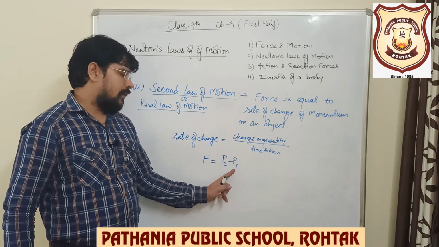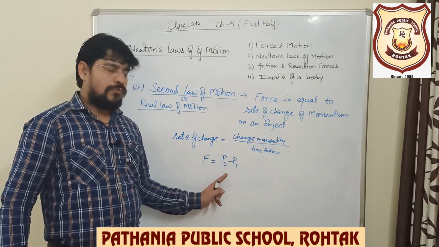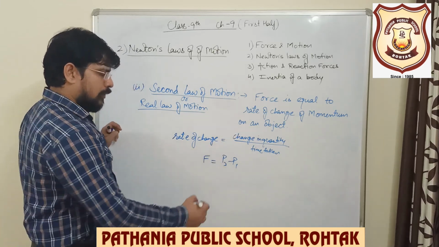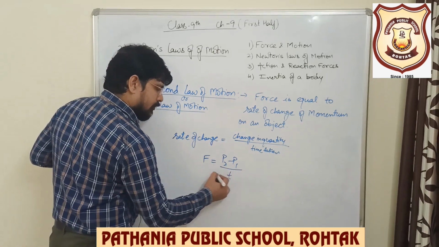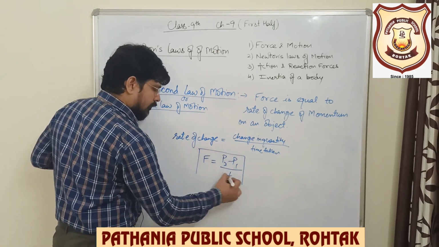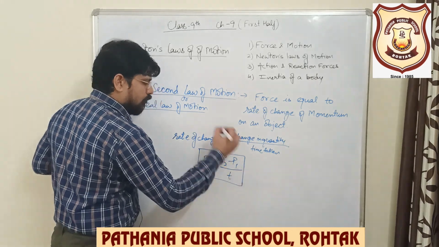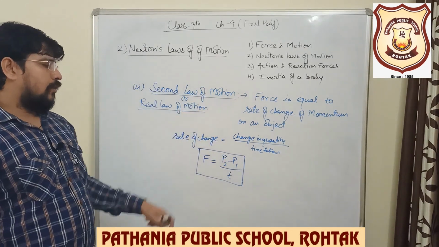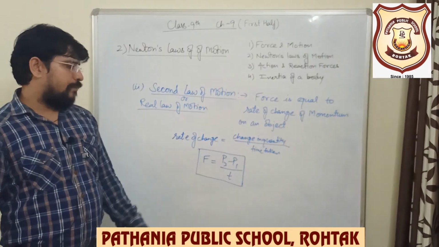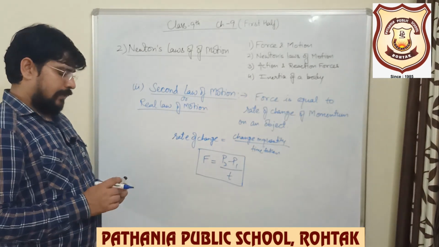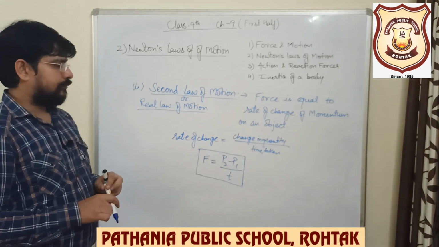This is how we can calculate the change in momentum. And for having a rate, we divide it by the time taken. So this is your equation for the second law of motion: F is equal to P2 minus P1 divided by t.